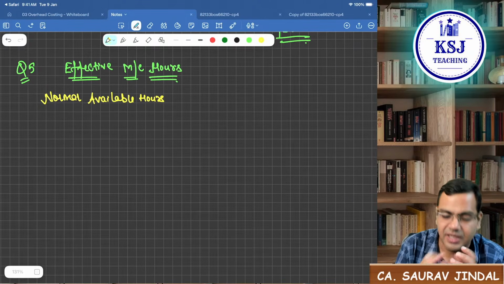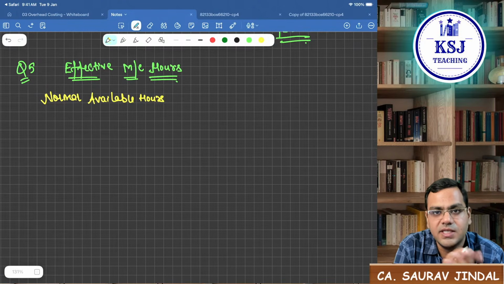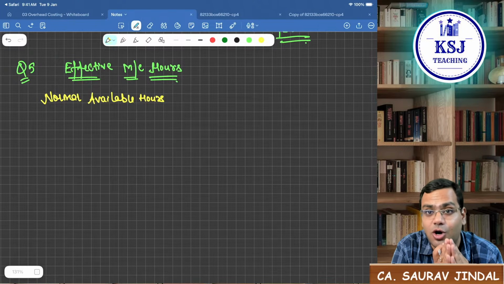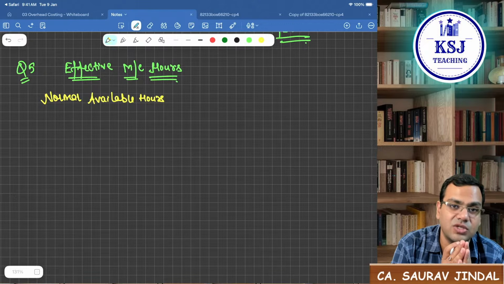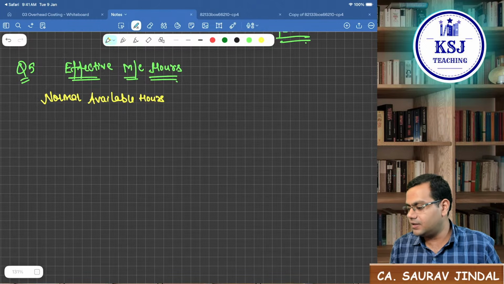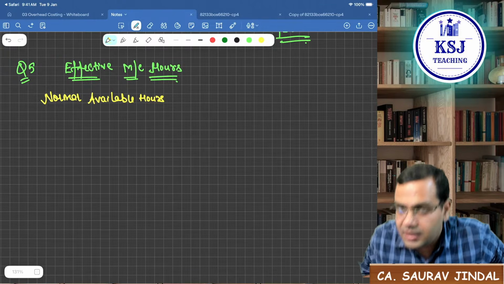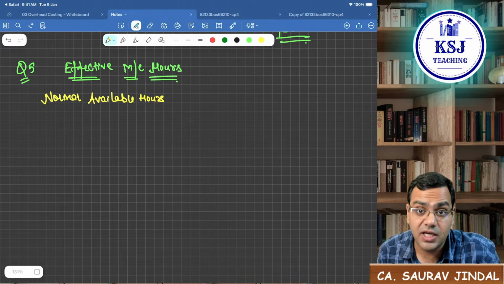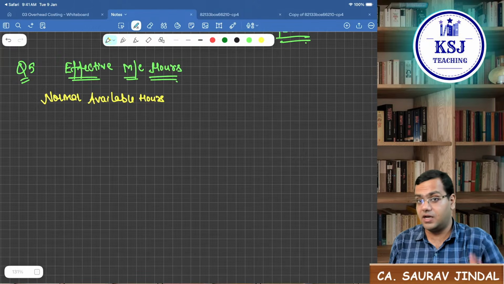Now let's talk about machine hours. What is given in the question? They say that the machine cannot work without an operator. That means if we are able to calculate the working hours of the operator, that will be the working hours of the machine, isn't it? Because it is clearly mentioned that the machine cannot work without a worker. So it is going to be the same.